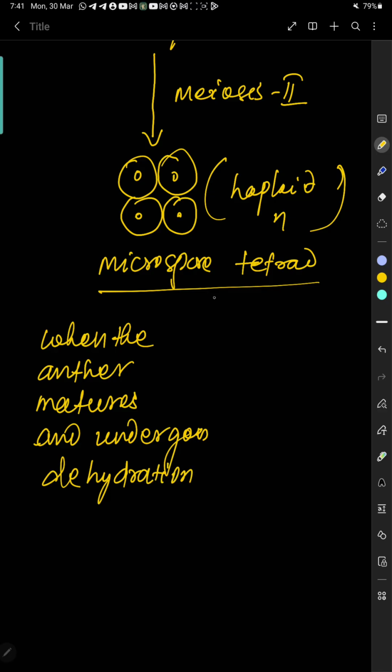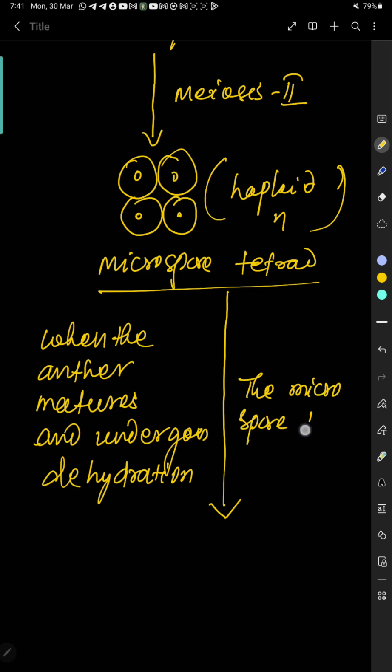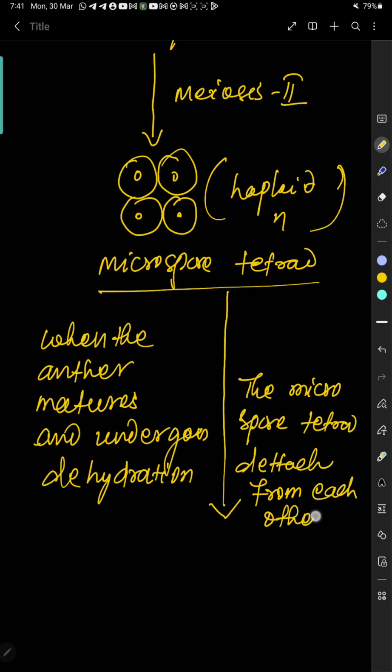Then what happens? The microspore tetrad detach from each other. They separate from each other, they dissociate from each other and develop into pollen grains. So each of them develops into a pollen grain.